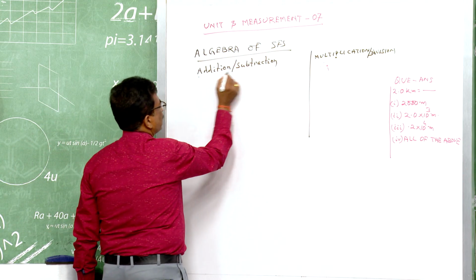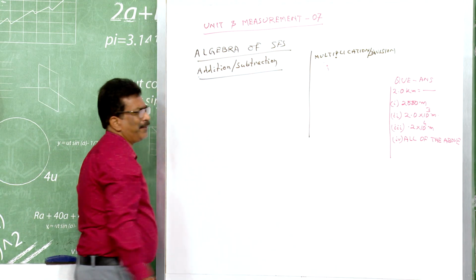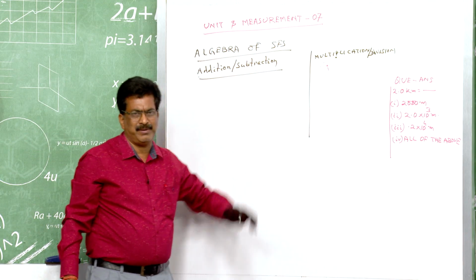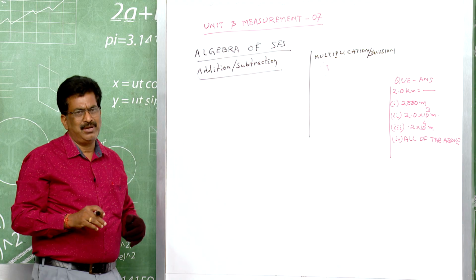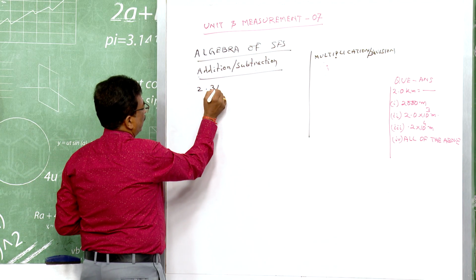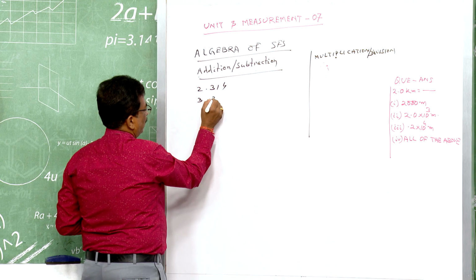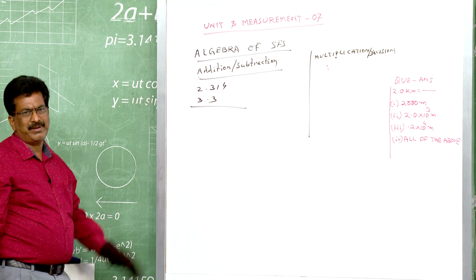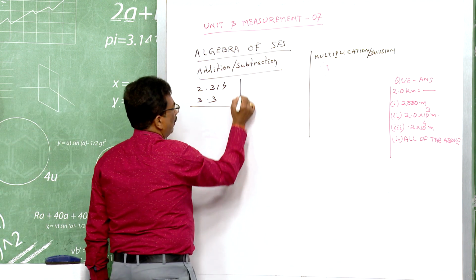For addition and subtraction, there will be a definite rule. For multiplication and division, there is a definite rule. For the addition, suppose the two significant figures 2.314 is added with 3.3. What is the rule?